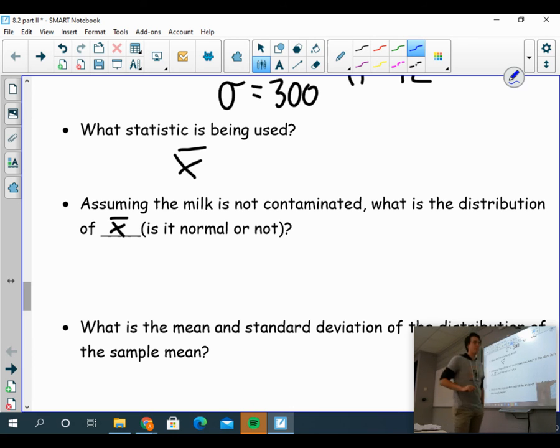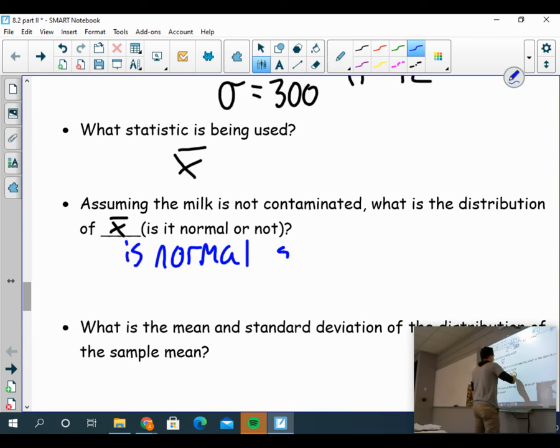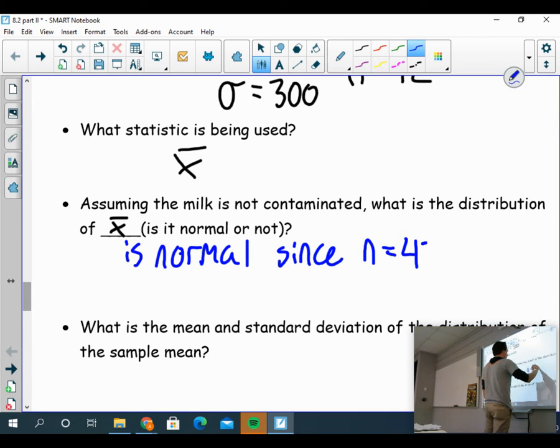We're not sure whether the population is normal because they didn't explicitly say it. We would say the distribution of X bar is normal since our sample size is 42, which we know is greater than or equal to 30. Our distribution of sample means is normal.